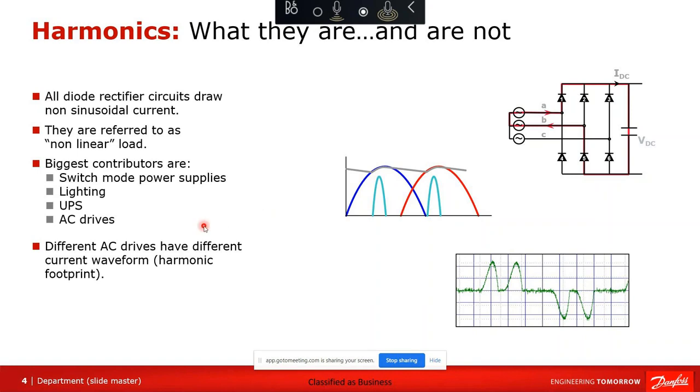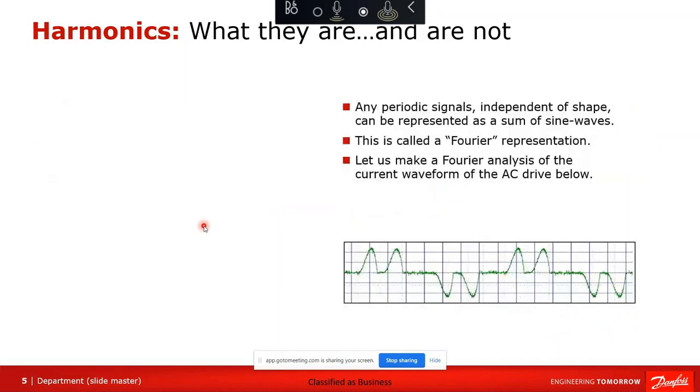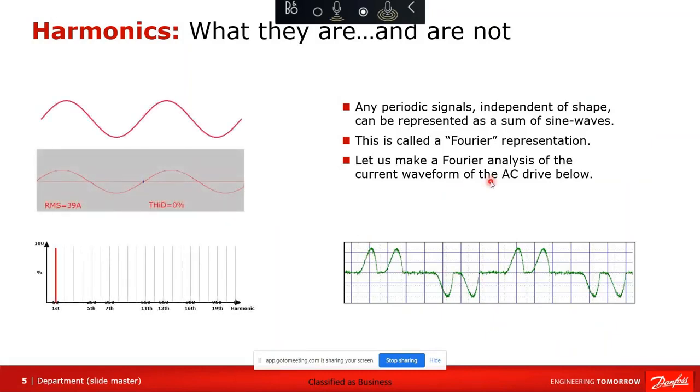Different drives will have different harmonic waveforms. So any periodic signal, which is this green line here, can be represented as a sum of sine waves. And we employ what's known as Fourier transform, or fast Fourier transform, Fourier analysis, if you will. And we simply look at these waves and try to break them out into what they would be.